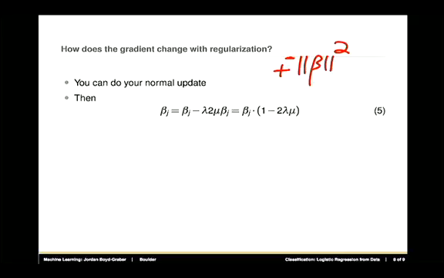When you take the derivative of that, you get something that looks like this, where mu is saying how much you weight this. And so when you do that, you have this term. You can basically think of this as a multiplicative update that just makes your betas smaller every time. So you do your normal thing, and then you make whatever betas you got a little bit smaller.